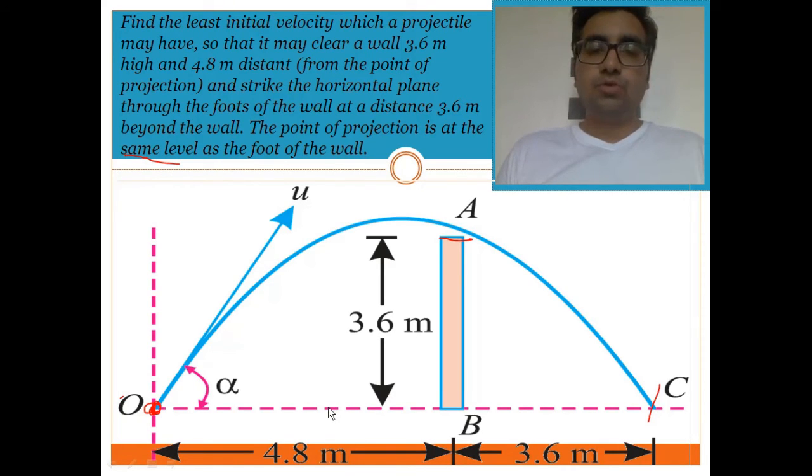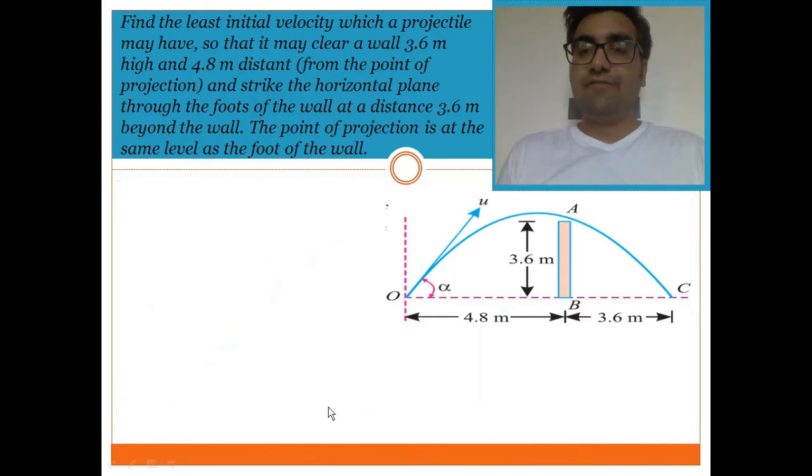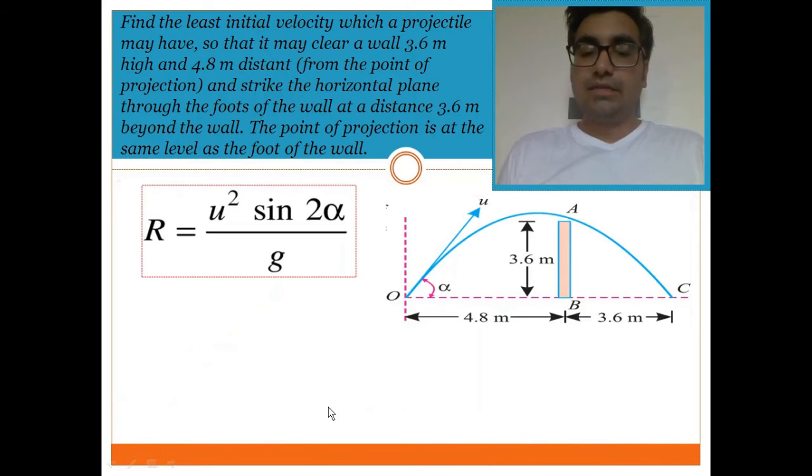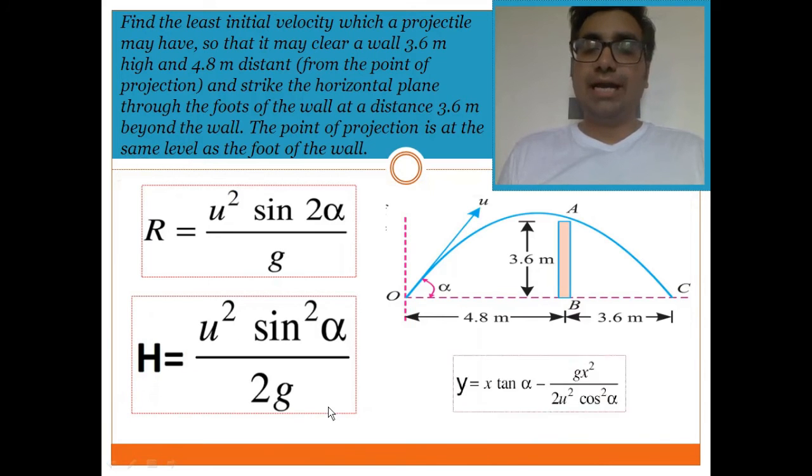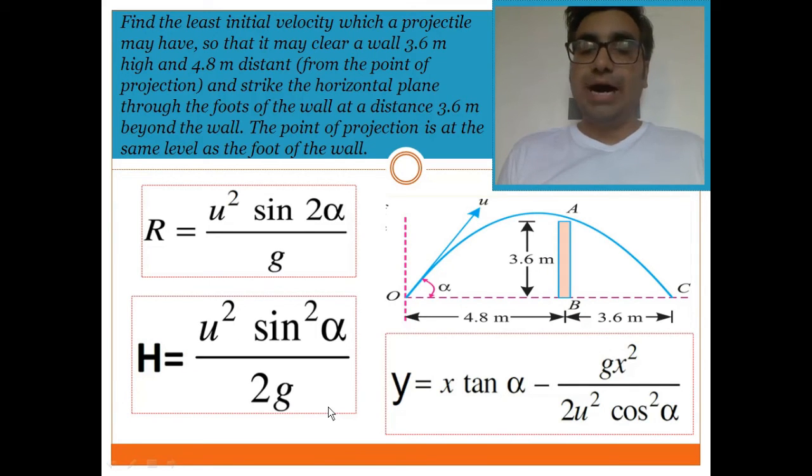Now we are supposed to do the analysis of this question. As this is on the same level, we can use the equations which we have derived in this video lecture: the formula of range, the formula of maximum height, the equation of path, and the equation of trajectory can be used.